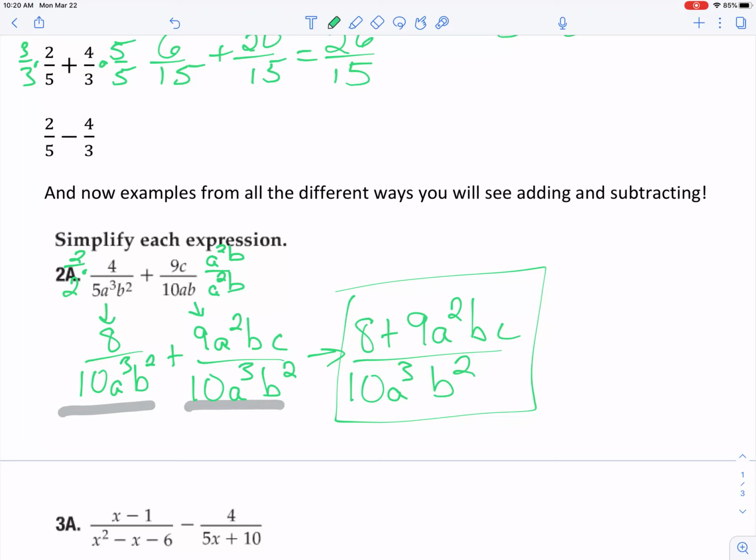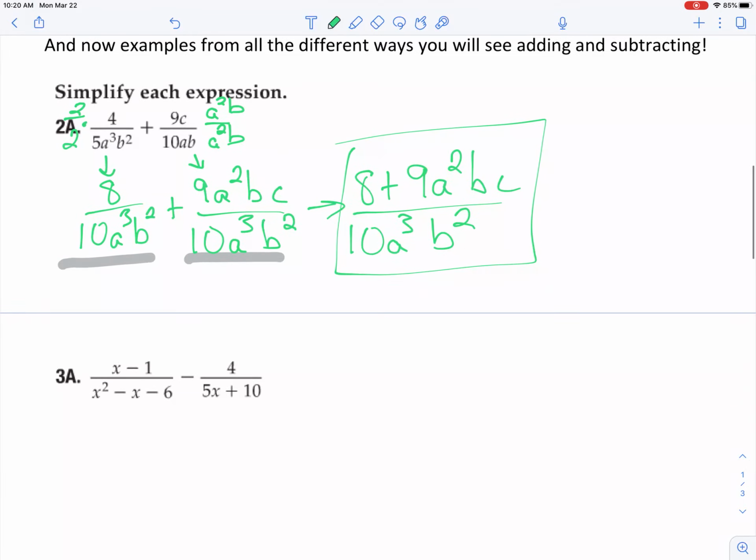So then what happens if it's a polynomial, not just monomials? Again, you're going to want to factor. So step 1 is factor. On this one, it looks like I need to factor the bottom on the left one. So x minus 1 over what multiplies to -6 and adds to -1? I believe that's going to be -3 and +2.